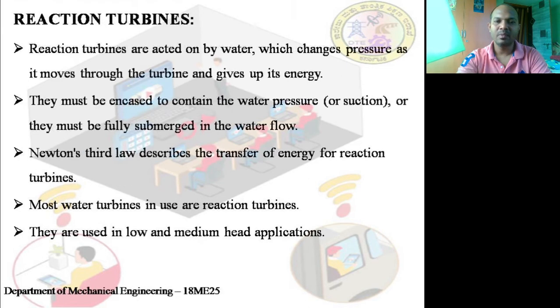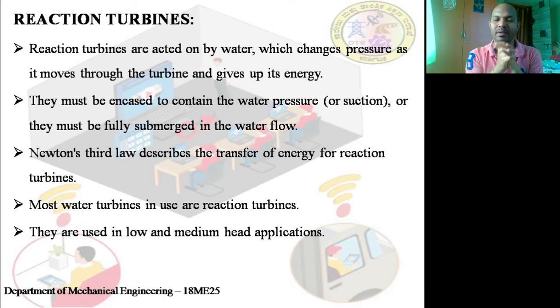In the impulse turbine category, we have discussed the Pelton turbine. In the reaction turbine category, we are going to discuss two more turbines. Then we shall find out the differences between impulse turbine and reaction turbine.